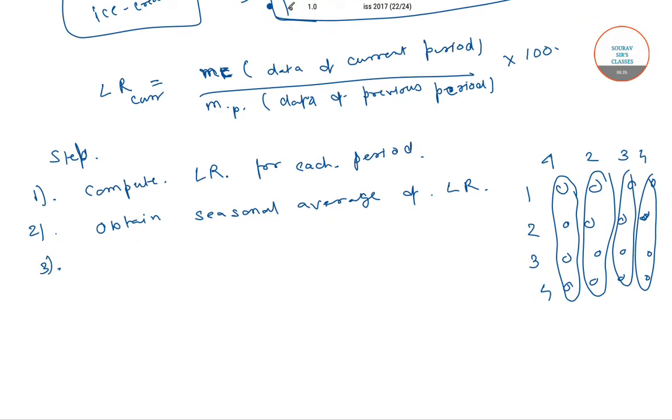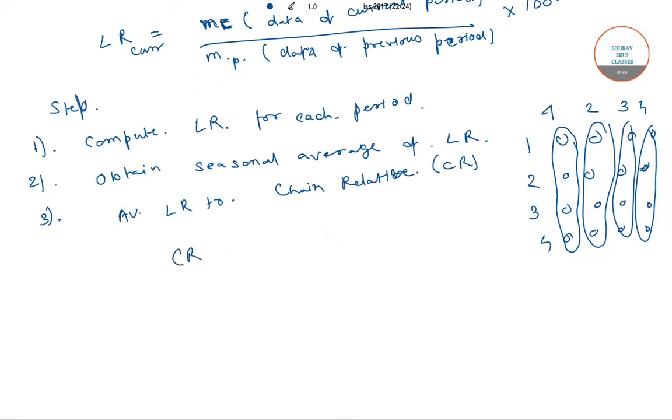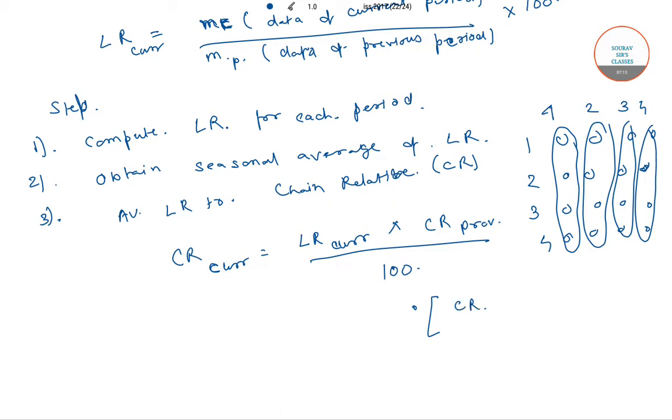Next, we will convert these average link relatives to chain relatives, in short called CR, where the chain relative of the current period is equal to the link relative of the current period into the chain relative of the previous period, divided by 100, where the chain relative of the first season or first period is considered equal to 100.